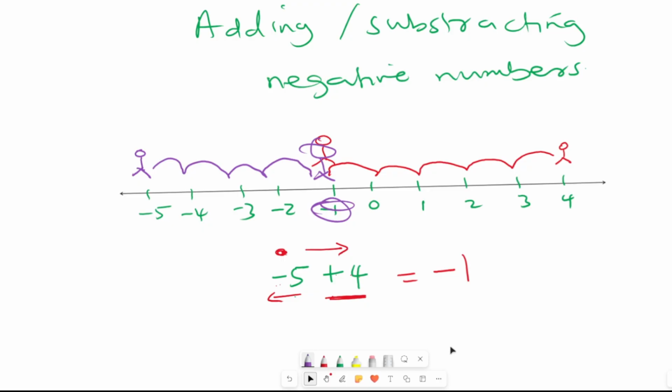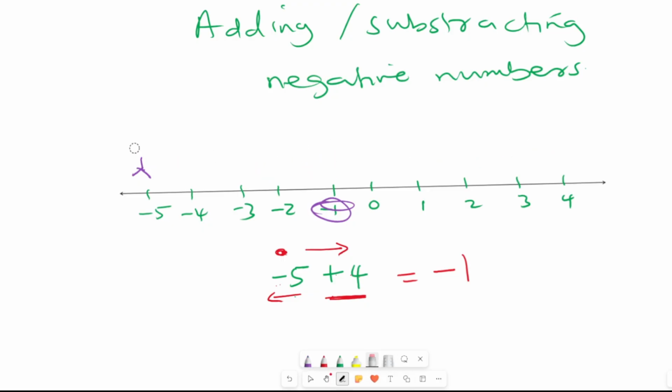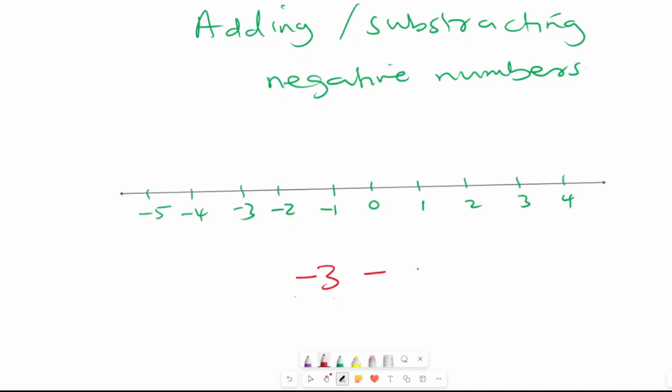Now let's try again with another one. We will make use of this number line. This time, two negative numbers. -3 minus 2. -3 minus 2.